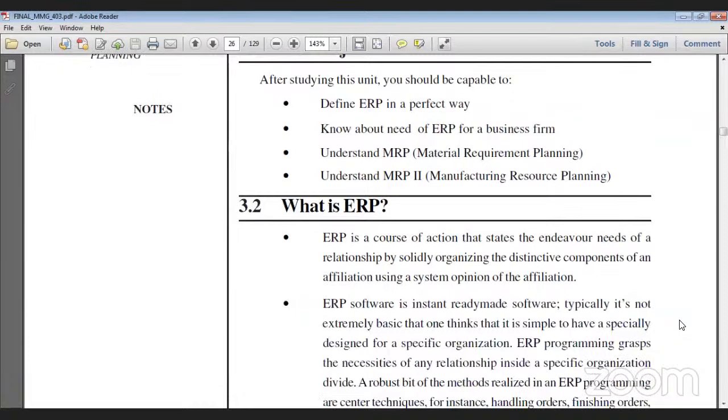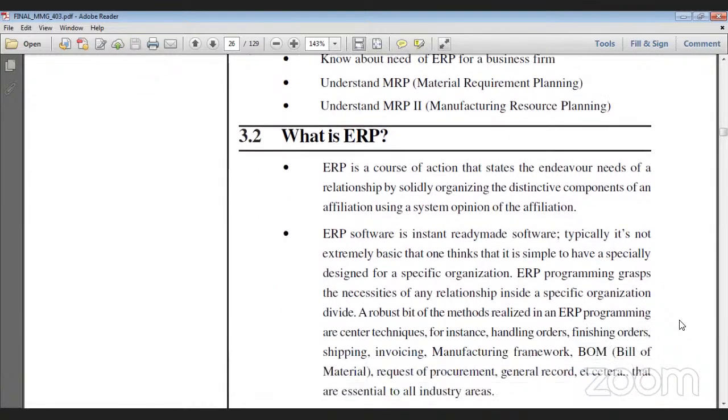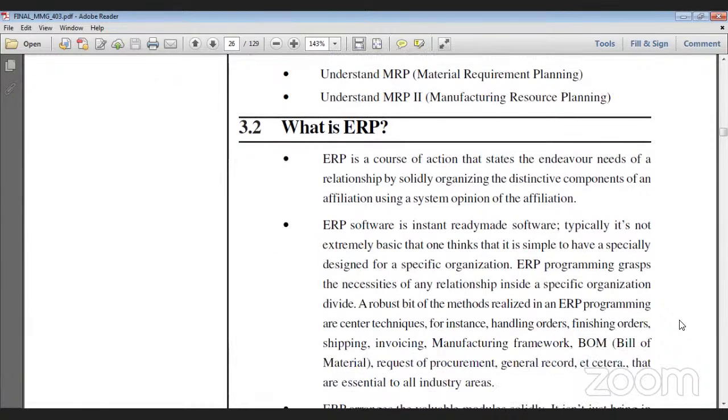Typically, it is not extremely basic to have one specially designed for the specific organization. It is for shipping, order fulfillment, invoicing, manufacturing, that is bill of material, BOM, then request for procurement, then general record, etc.